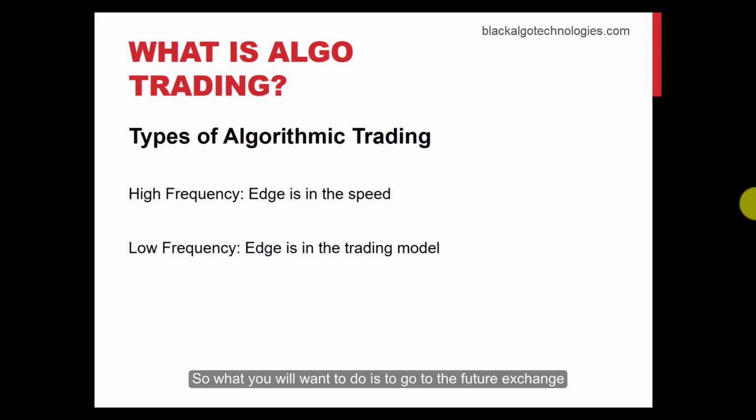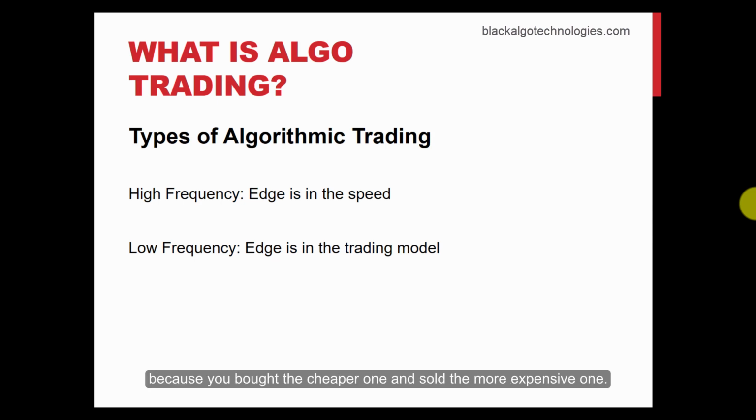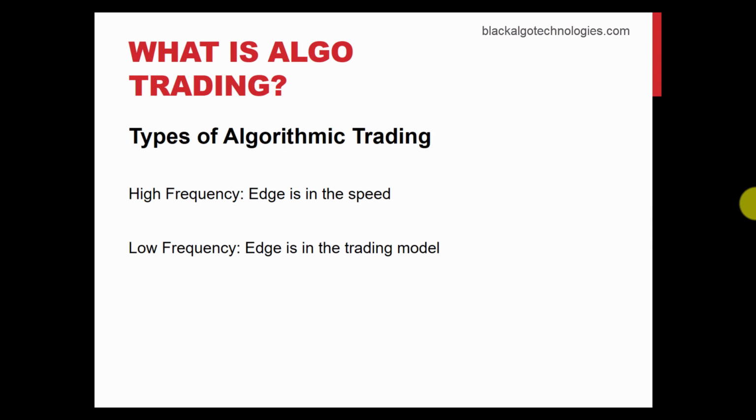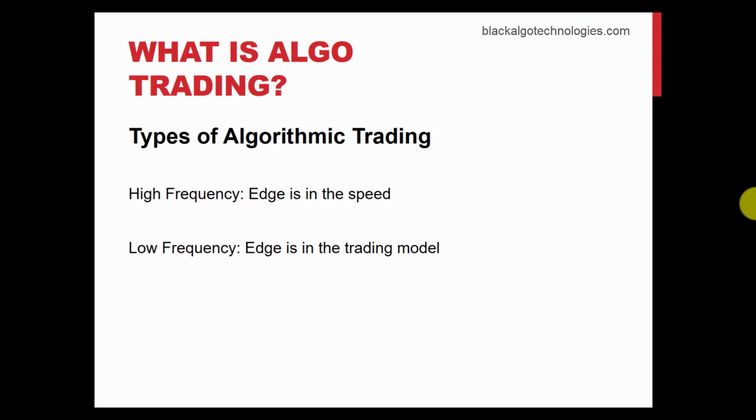So what you will want to do is to go to the futures exchange where gold is cheaper, buy it, and go to the other one where the gold is trading at a higher price and short that. So eventually the gold prices will converge. Once they do that, you will make money because you bought the cheaper one and sold the more expensive one. So after you exit the trade, you make a small profit.